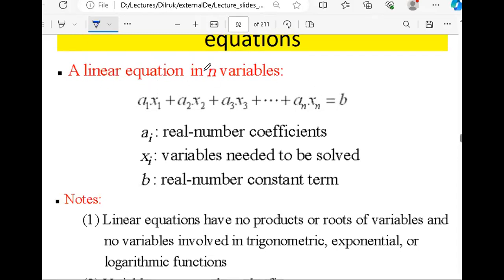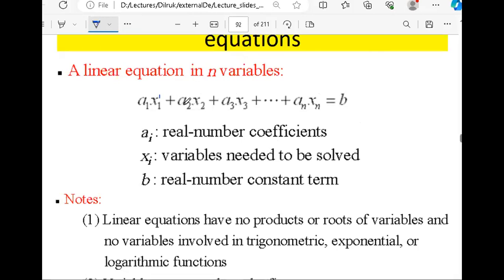You can call them unknowns or variables, or the degrees of freedom of the equation. So n degrees of freedom in this equation. Now look at the coefficient in front of each term.